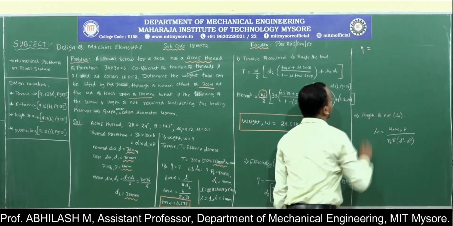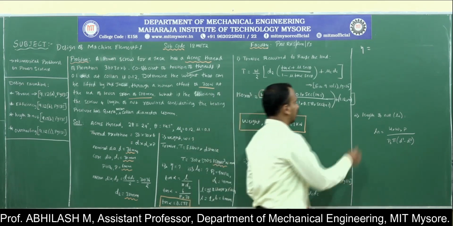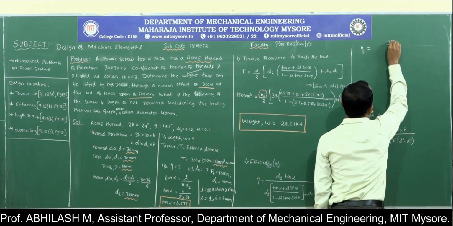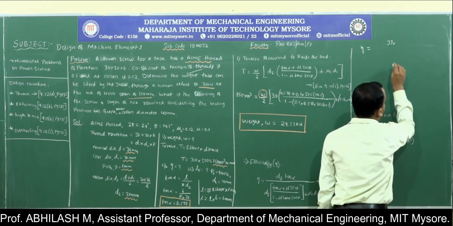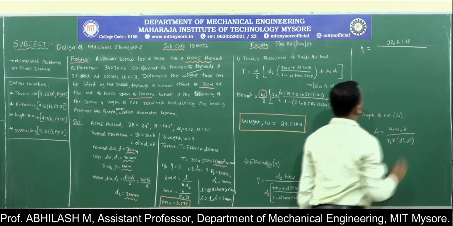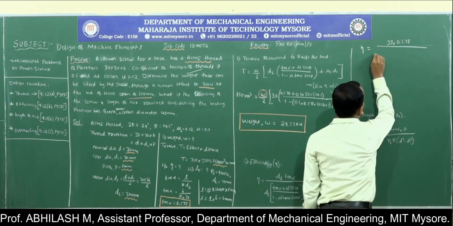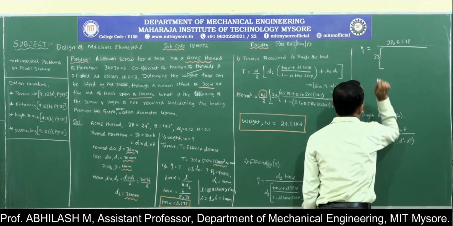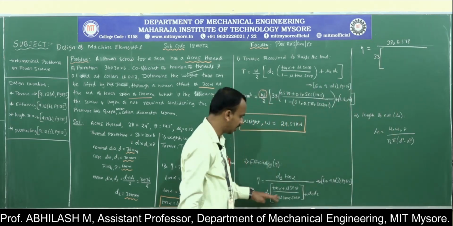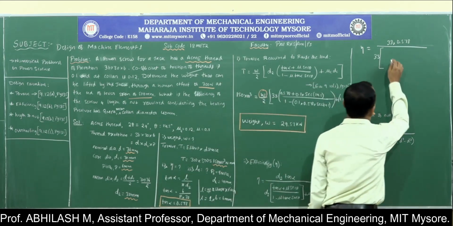Eta indicates the efficiency. So eta is equal to d2 into tan alpha. Do I know d2? The d2 value is 33, into tan alpha, the value is 0.578. I have calculated those two values, divided by again d2, which is 33, into a bracket with tan alpha plus mu secant theta divided by 1 minus mu tan alpha secant theta.